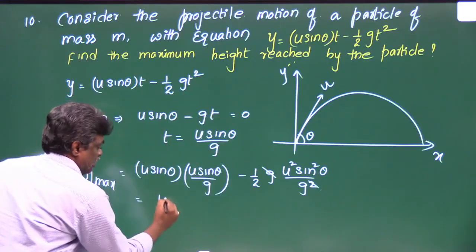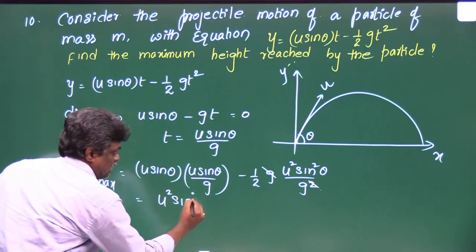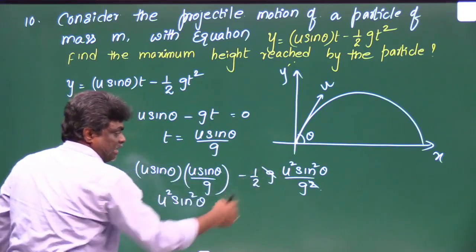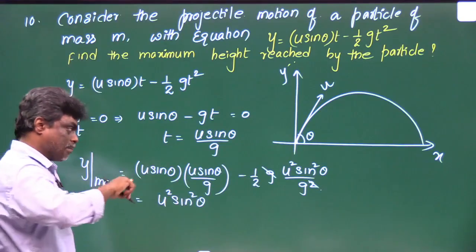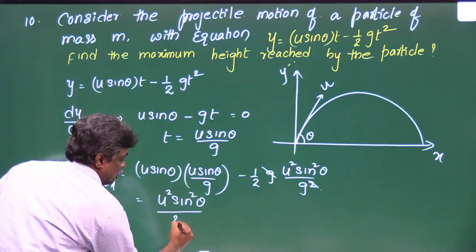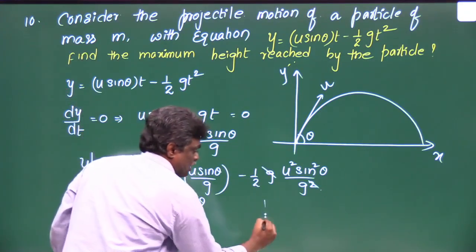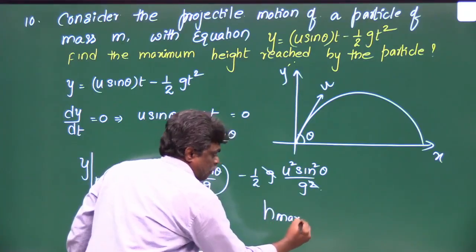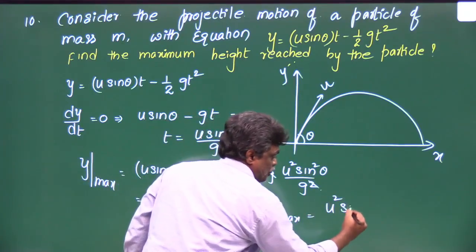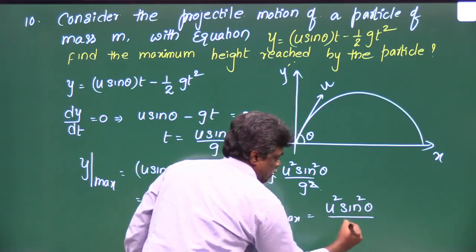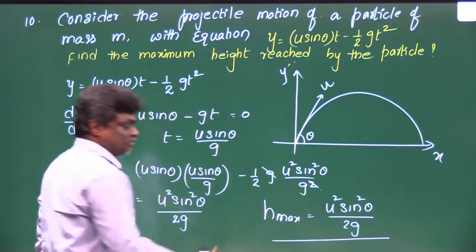So finally u square sine square theta by g, and here it is u square sine square theta by 2g. Finally you will get this one. I hope you know this. The maximum height in the projectile, you will get u square sine square theta by 2g.